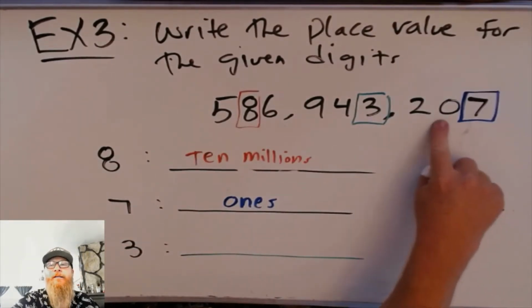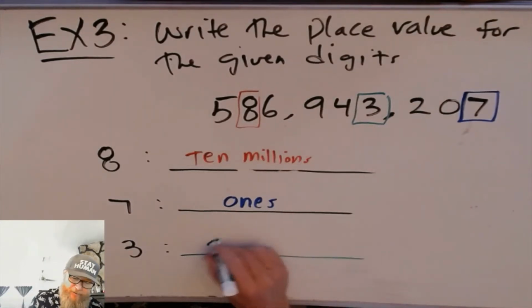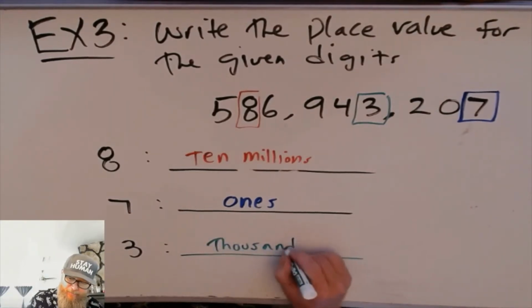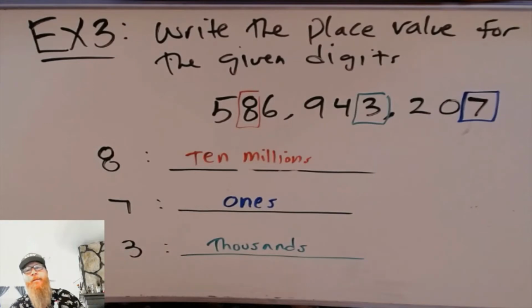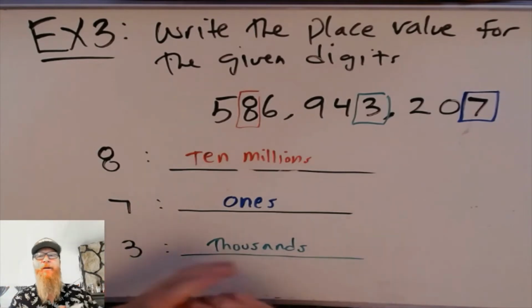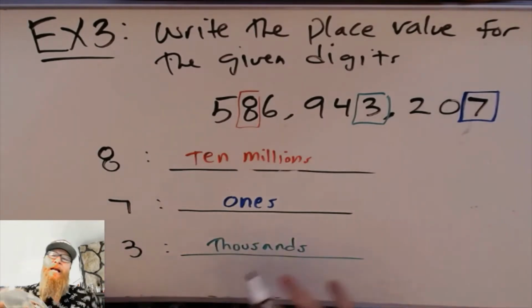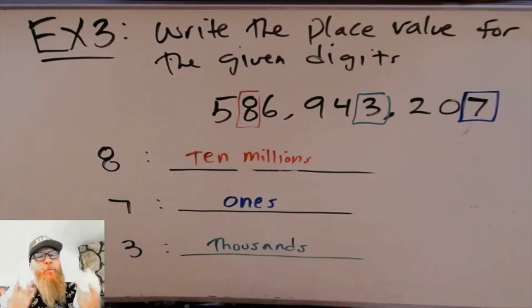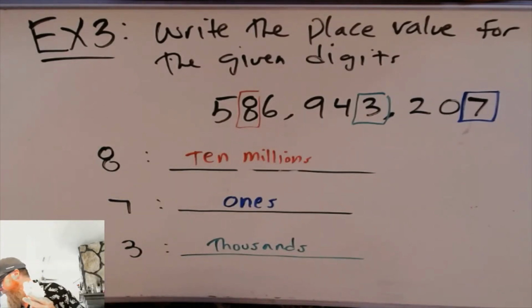So 1, 10, 100, thousands. And so that is the word form, or the basic reading of the word form of the number. Now we want to put it all together and we want to say the number correctly.